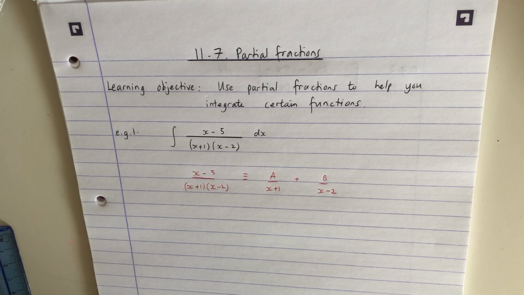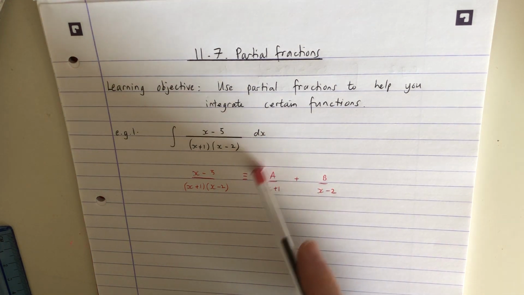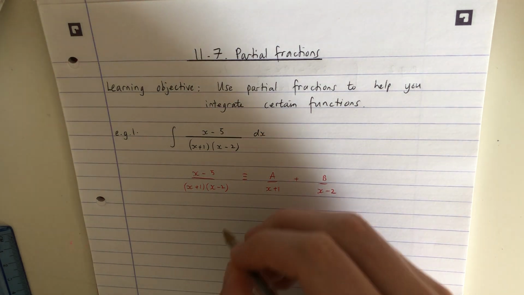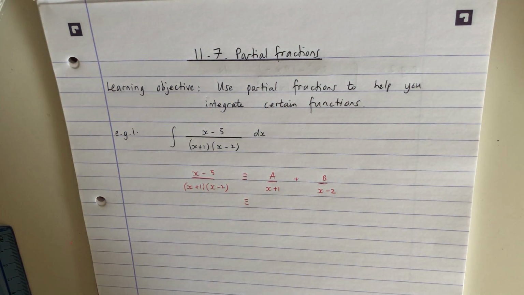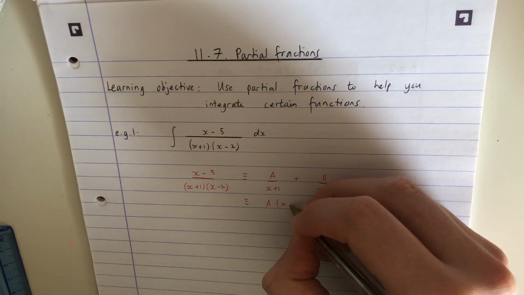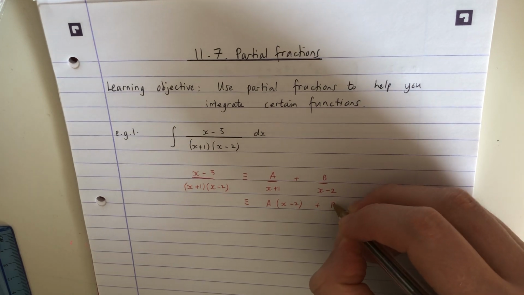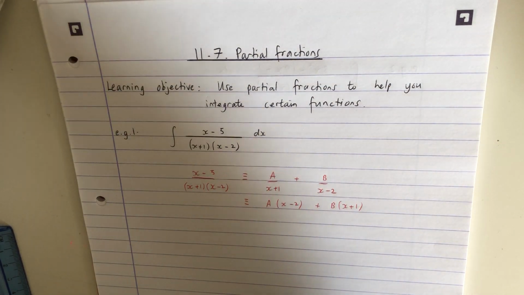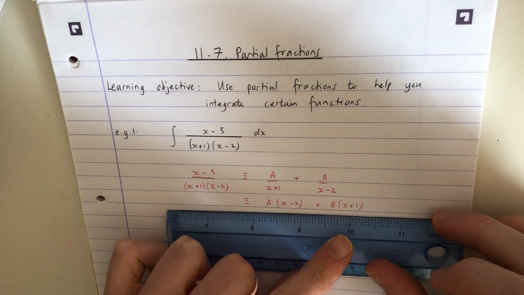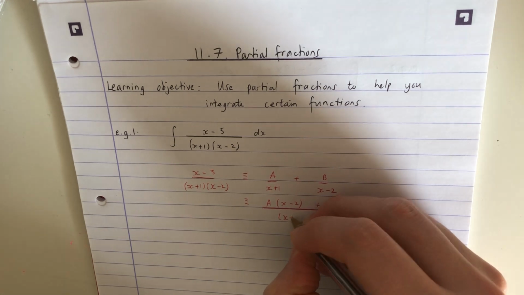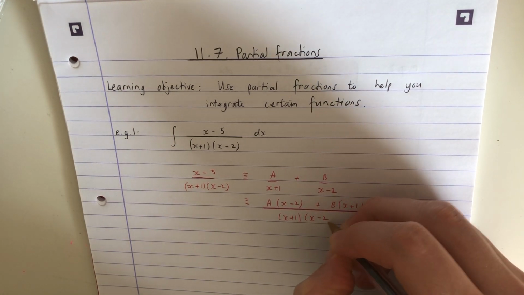The best way to do it is to actually simplify and write the right-hand side as a single fraction. So that would be equivalent to A(x minus 2) plus B(x plus 1) all over (x plus 1)(x minus 2).